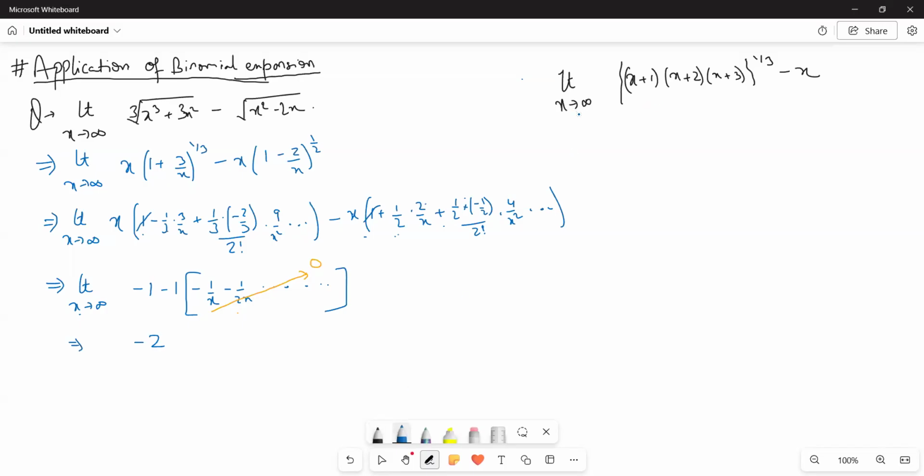Again, we have x tending to infinity and the power on the expression is a cube root.